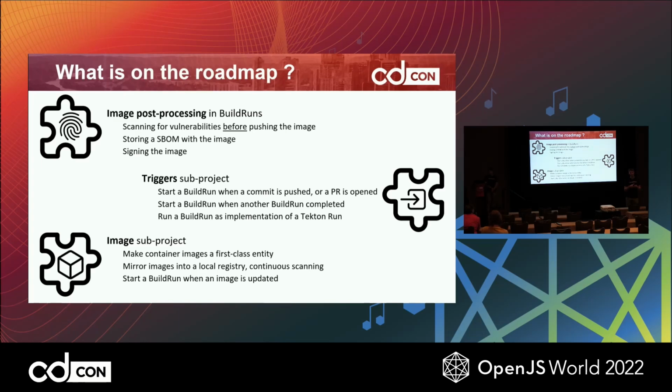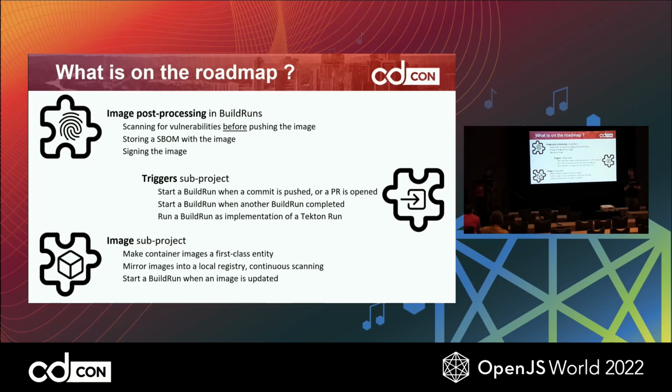So we are doing some slight API extensions, and then build strategy authors can basically just build the image and store it in the file system. And then Shipwright is going to take over and push that image. This alone doesn't have too much value to the users, but it enables the scenarios that I'm listing here.